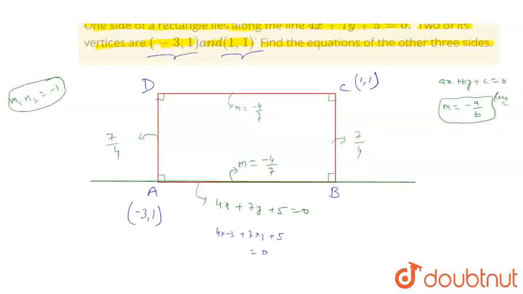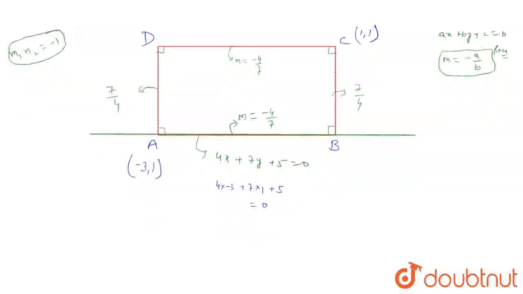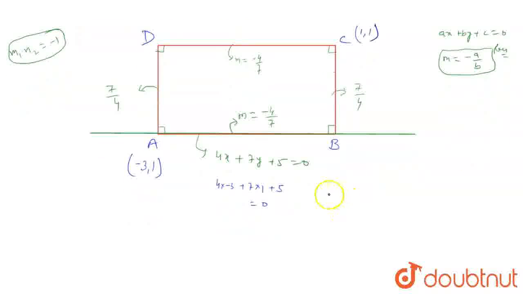Now we have decided these 2 points, so now we can write all these equations. Okay, equation AB is already there. We need to write AD. The equation of AD will be y minus y1, which is 1, equals the slope of this line 7 by 4, times x minus x1, where x1 is minus 3, so it will be plus 3.